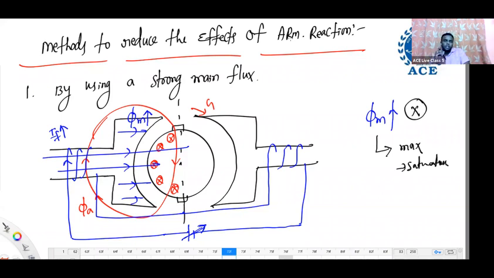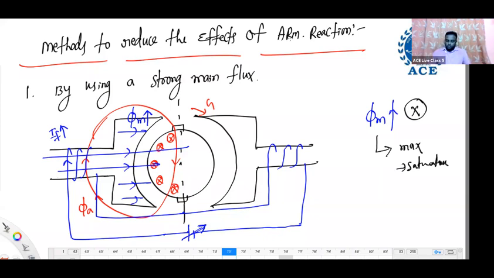But what is the advantage of controllable excitation with electromagnets? You can control the voltages, or if it is a motor, you can control the torque, or if it is a generator, you can control the voltages. But with permanent magnets, controlling is not possible. That's why we mostly don't use permanent magnets; only electromagnets we use.